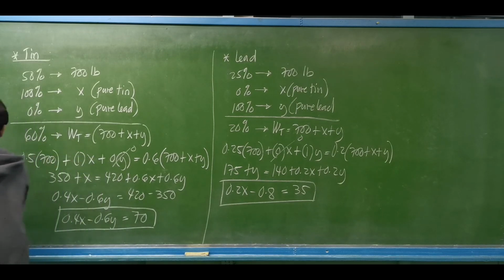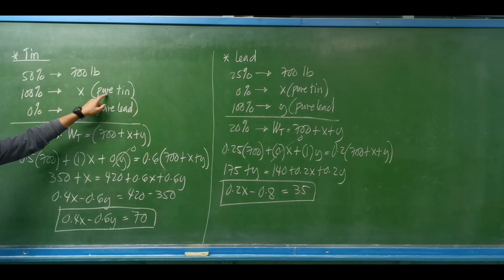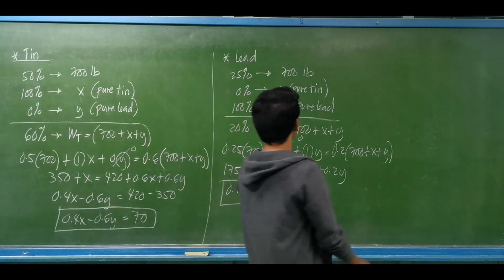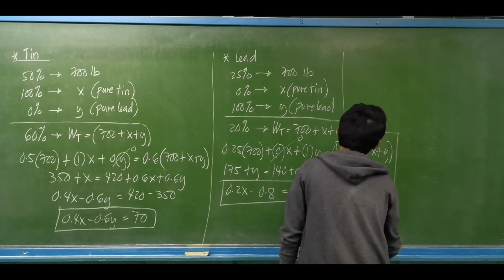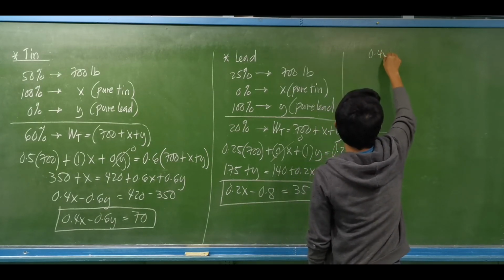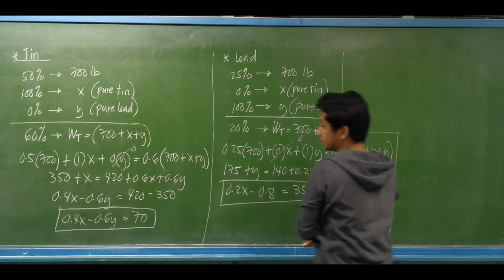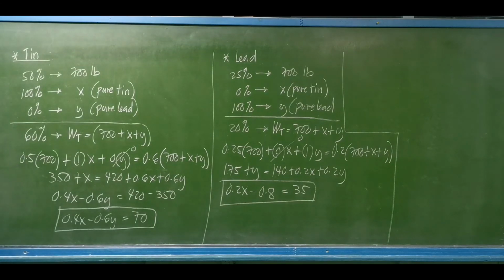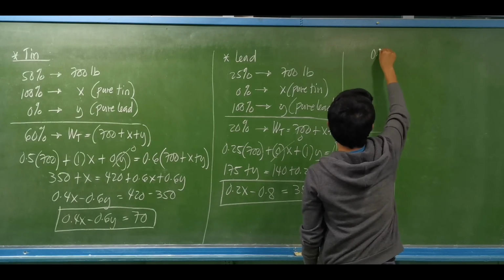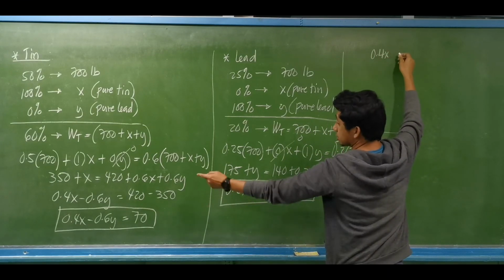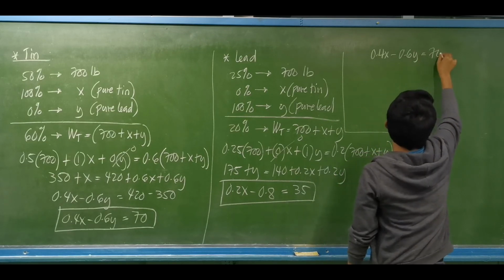So let this be our second equation. We can do elimination to compute for the value of X. Take note, we are looking for the value of the pure thing to be added. From our first equation, 0.4 of X minus 0.60 of Y is equal to 70.